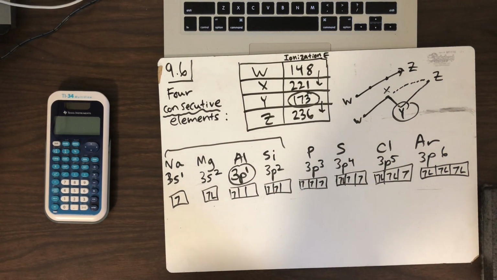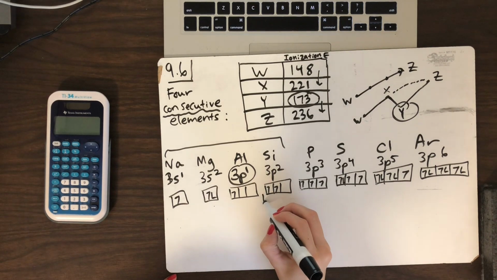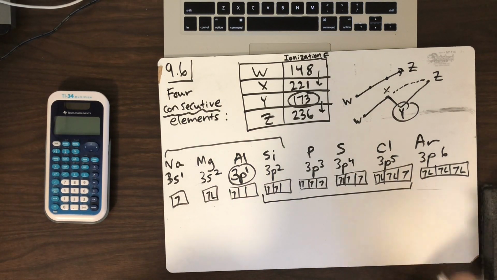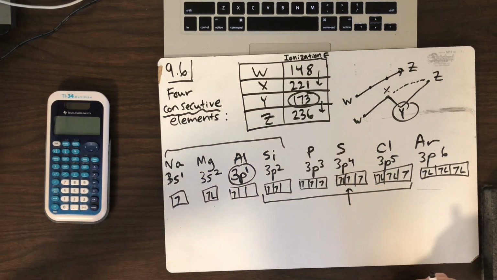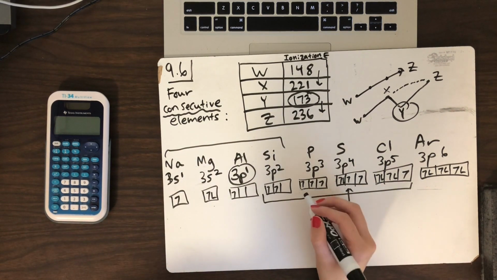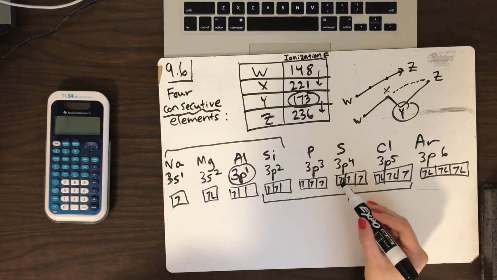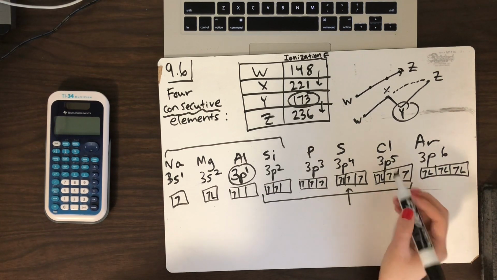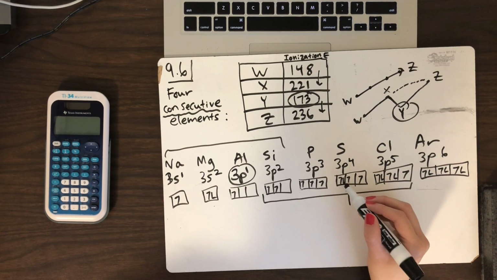And then the last combination possible is Si to Cl. So if we look at this third one, we kind of have everything lined up perfectly, each in its own box. And then as soon as you introduce this electron, now there's sort of repulsion within one box.